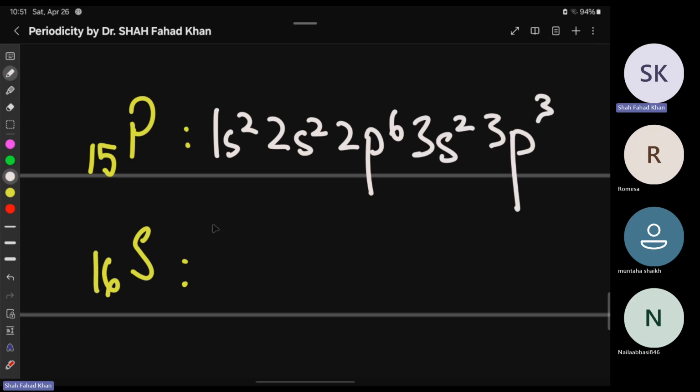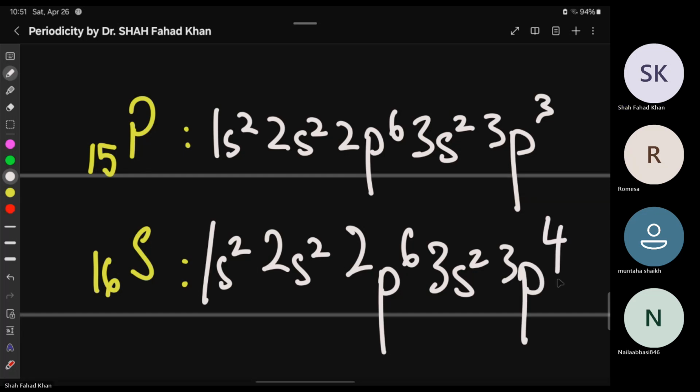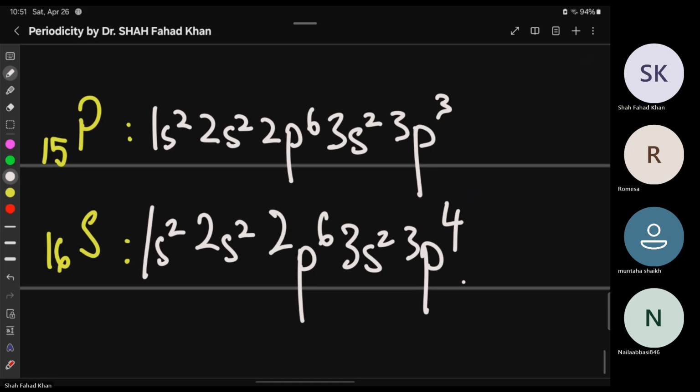This is phosphorus. Sulfur. So which one has better shielding? Oh, sorry. Why does sulfur have a lower ionization energy compared to phosphorus?